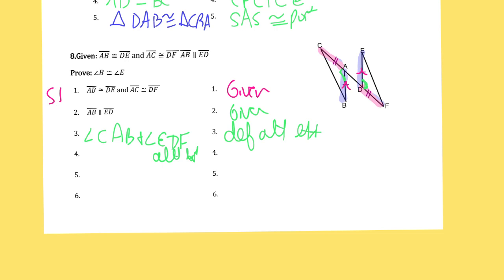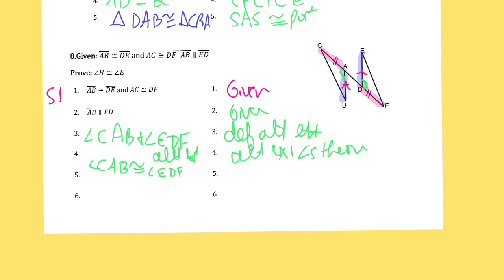That does not look like that word, but there you go. And then as a result, angle CAB will be congruent to angle EDF. If two lines are parallel and they have a transversal connecting them, there are all sorts of relationships. Normally it's going to be alternate interior, but this is alternate exterior. And so, alternate exterior angles theorem.